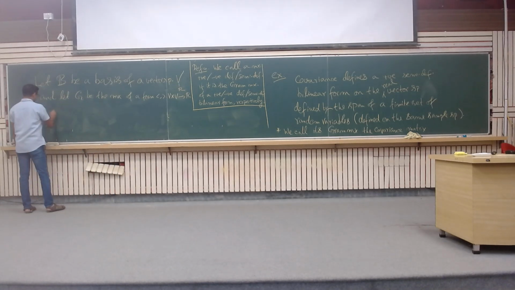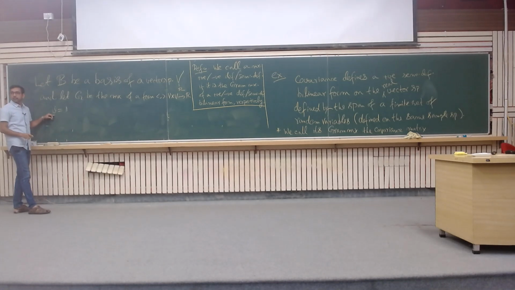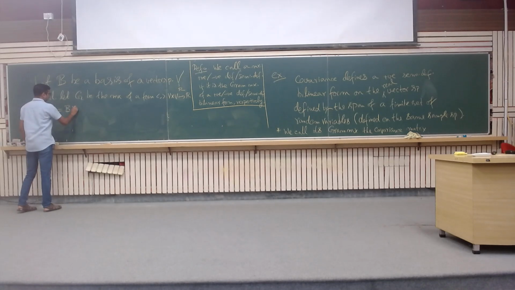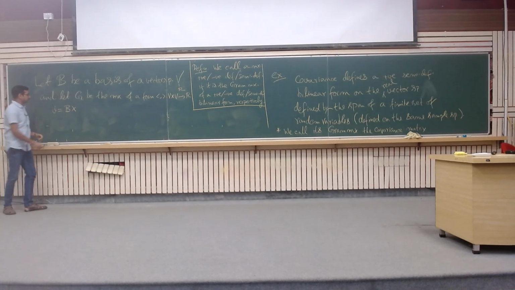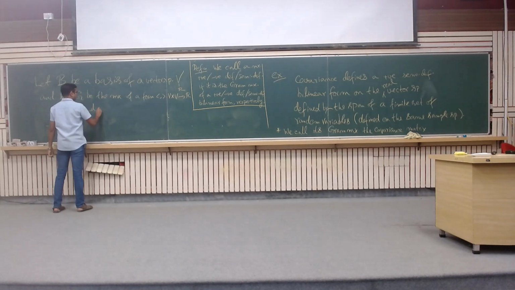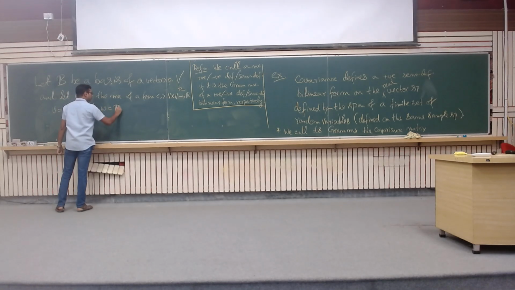Then suppose V is an element in V given by a linear combination, with X a column vector denoting the coefficients of the basis vectors. So V is Bx and say W is equal to By.